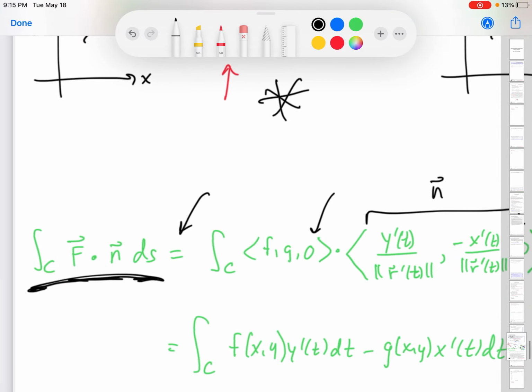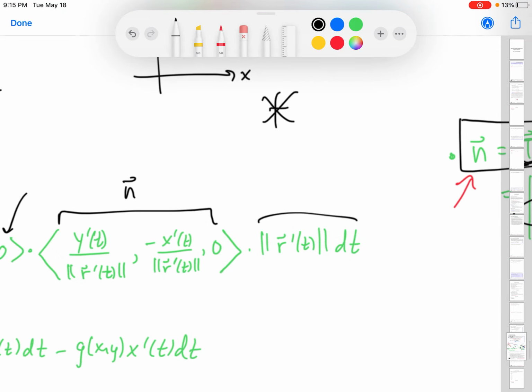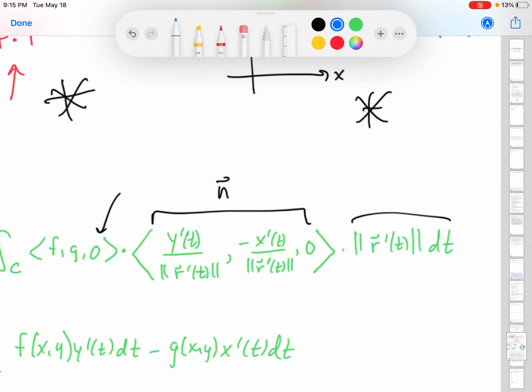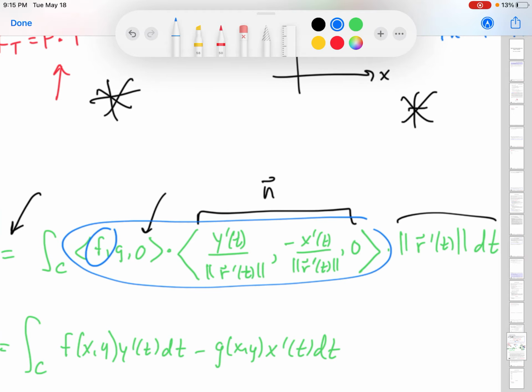And then, so that's F dot n, and then ds, we know from lesson 13, is the norm of r prime times dt. So now we see that there's some nice cancellation that's going to happen. After I calculate this dot product, I'm going to get f times this plus g times that.